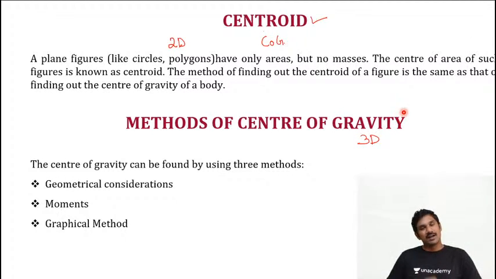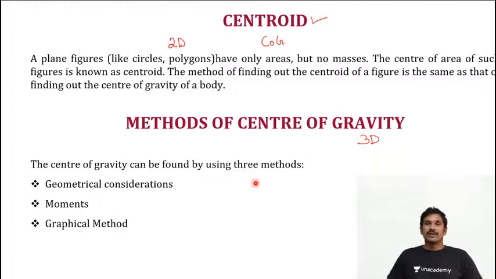Okay, now how to find this centroid or center of gravity? Basically, there are three kinds of methods used to find the center of gravity or centroid. The three methods are the geometrical consideration method, the moment method, and the graphical method.